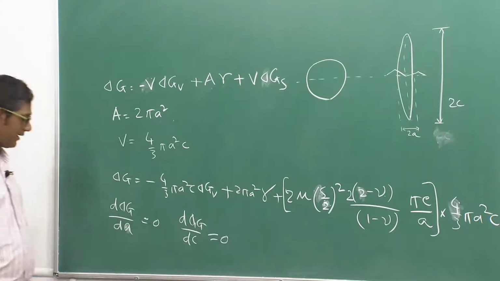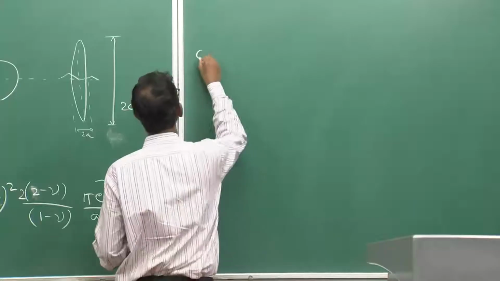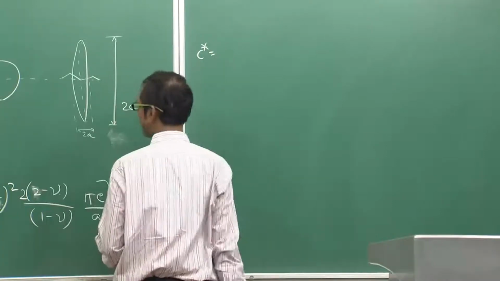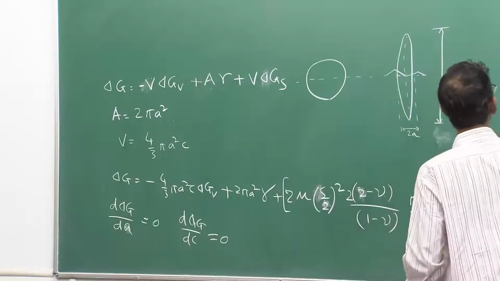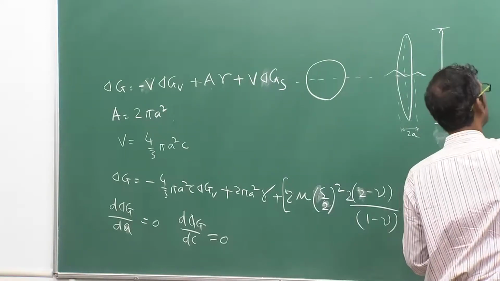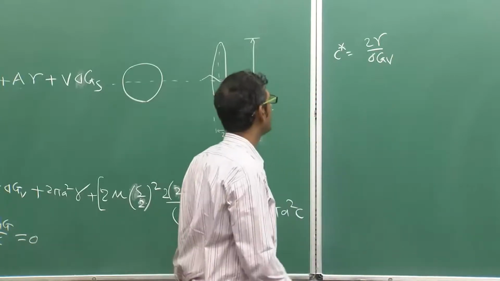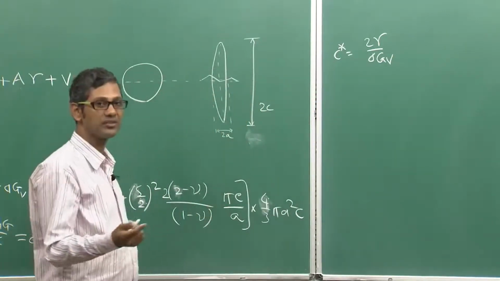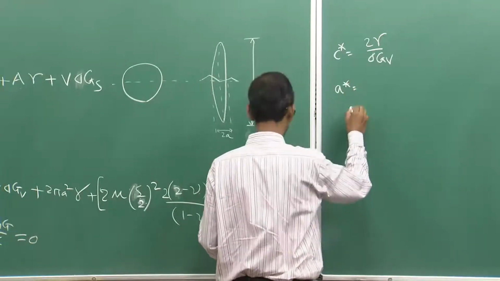So once you do that, you will see that C star, which is nothing but the critical value of C, will be the same as R star we have seen, but A star will be a little bit different.